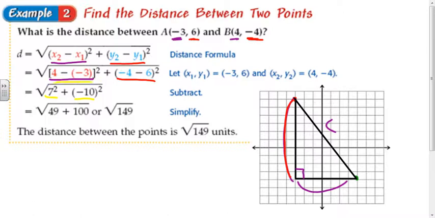This is 7, this is -10. 7 squared is 49, -10 squared is 100. 49 plus 100 comes out to square root of 149. So in the end, we would say the distance in between them, or our c value, is the square root of 149.